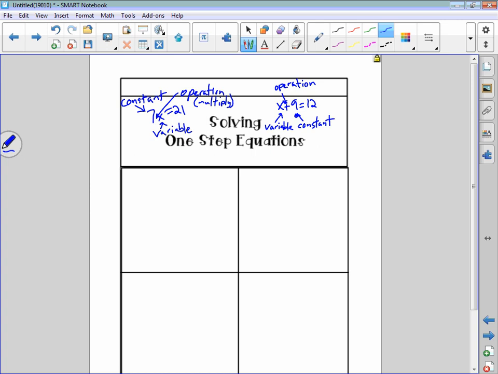We'll come over here, we'll do x minus 7 equals 10. Subtraction would be our operation. X is still the variable. And 7 would be the constant.